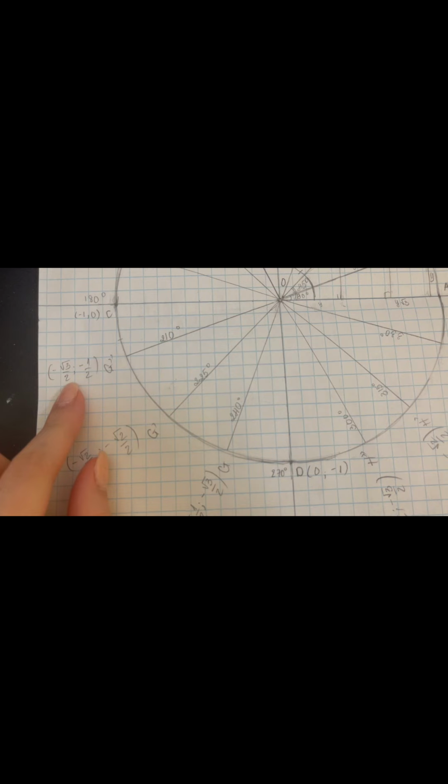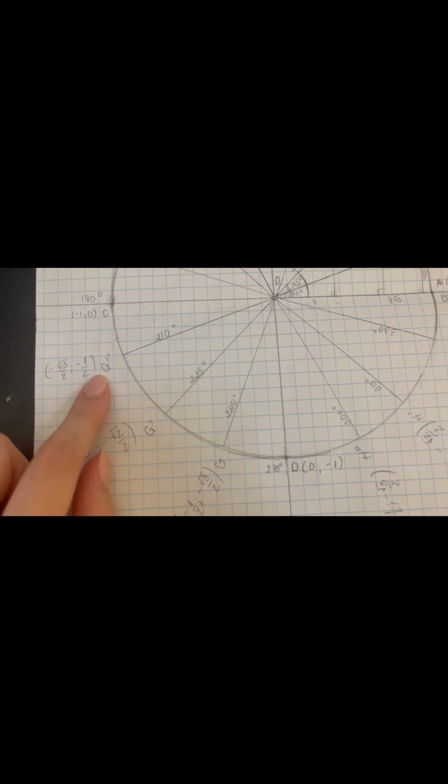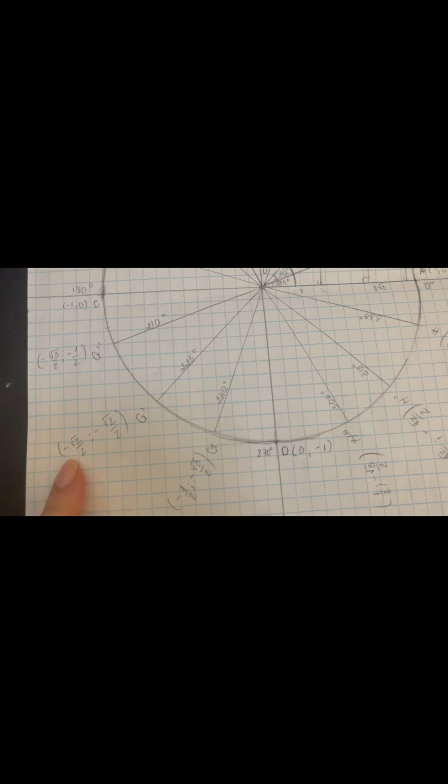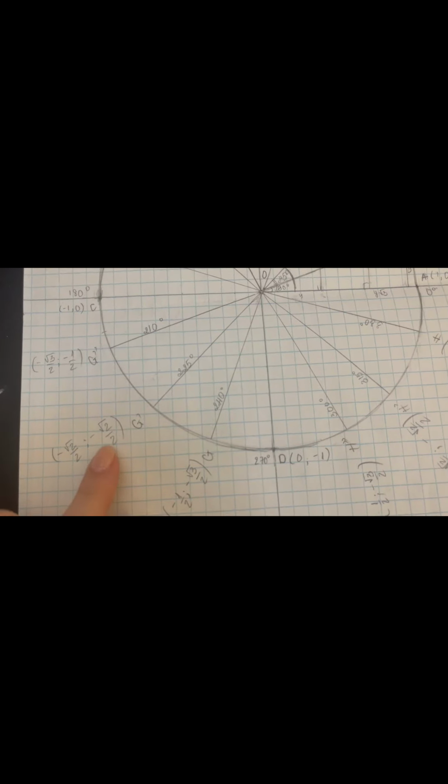So G second is negative square root of 3 over 2 and negative 1 over 2. G prime is negative square root of 2 over 2 and negative square root of 2 over 2. G is negative 1 over 2 and negative square root of 3 over 2. And these are the angles and coordinates of the third quadrant.